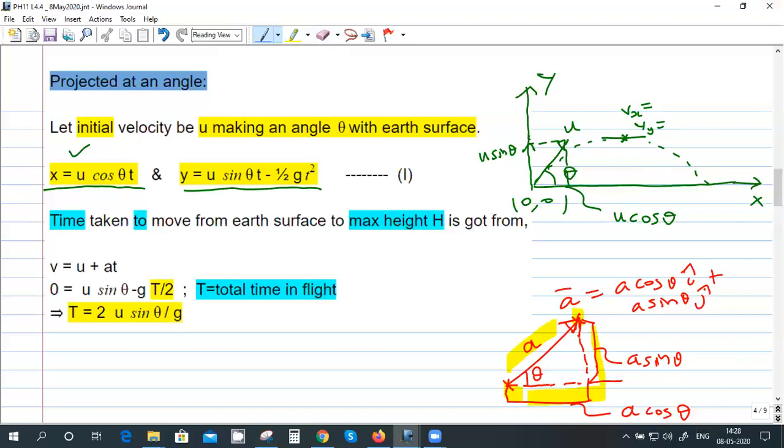In the x direction there is constant speed motion, right? The velocity is not changing, so whatever is the initial velocity u cos theta, it should be maintained throughout. And what about vy?